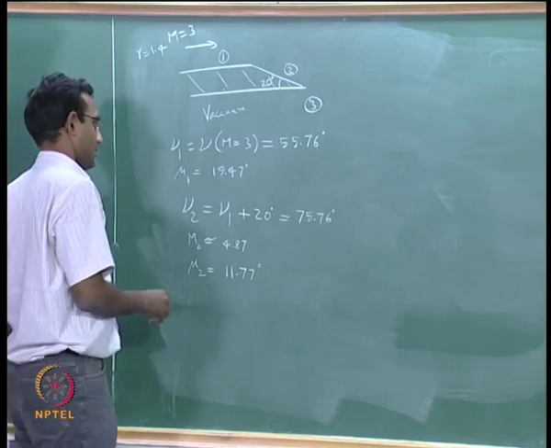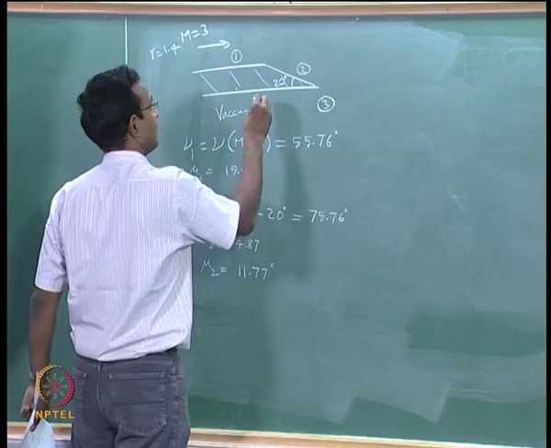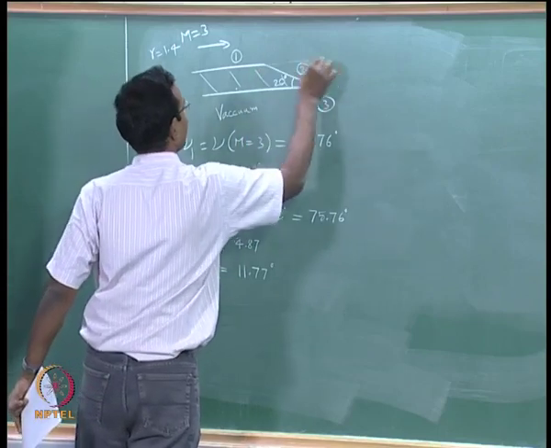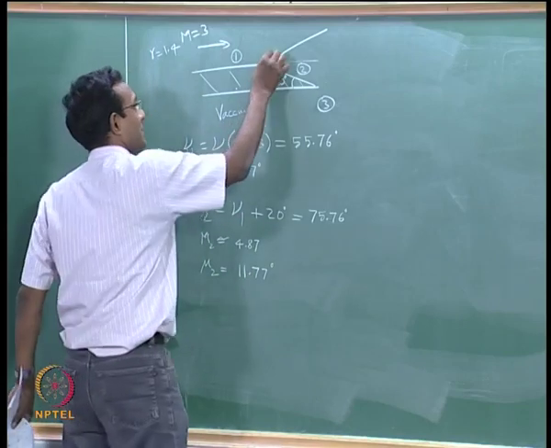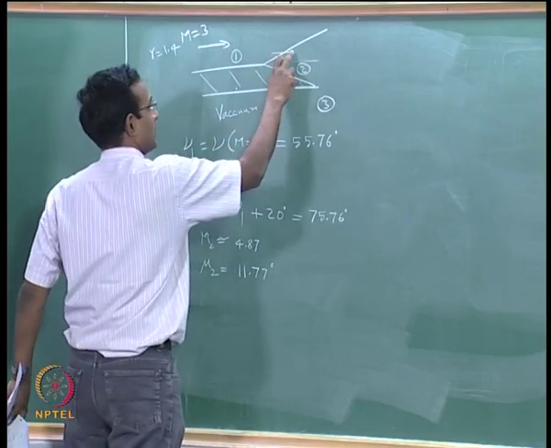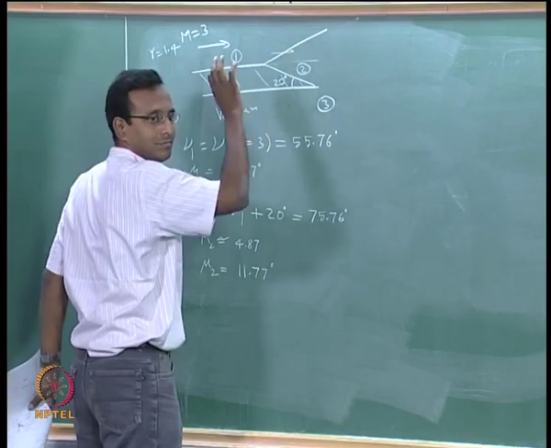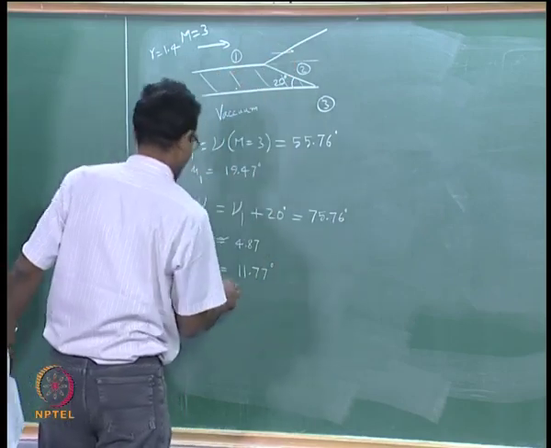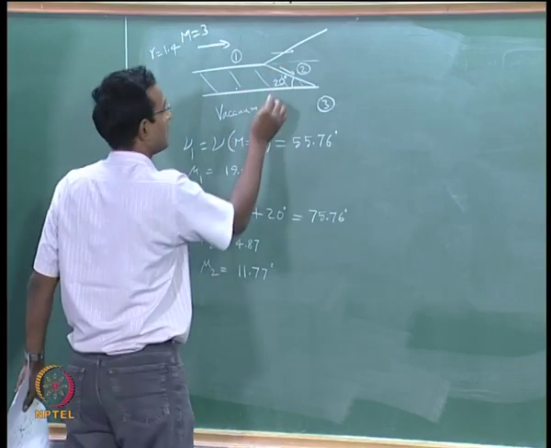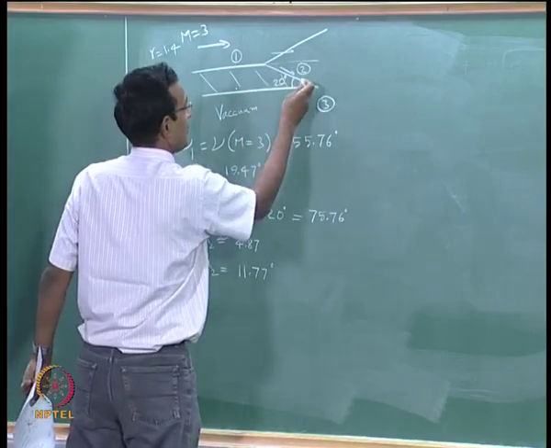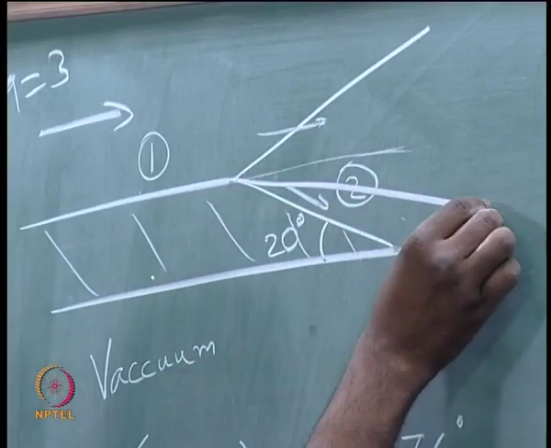Once I know this, I should be able to draw the expansion fan there. I am having roughly 20 degrees as the angle. We know that this angle we said is 20 degrees, so it should be roughly that. That is the first expansion line, 19.5 degrees above the incoming vector. The last one is going to be 11 degrees from this wall, so it should be somewhere here.